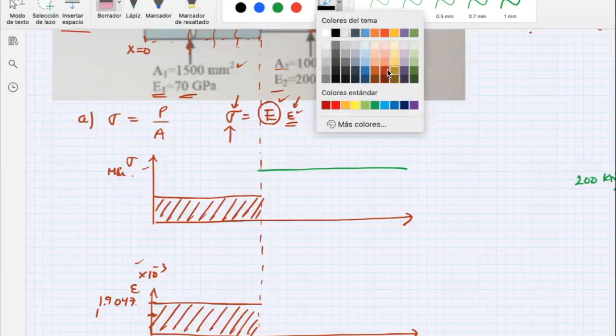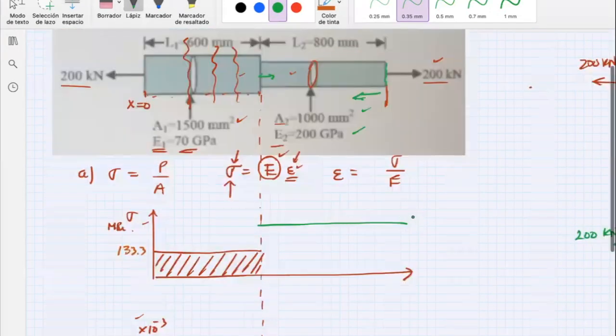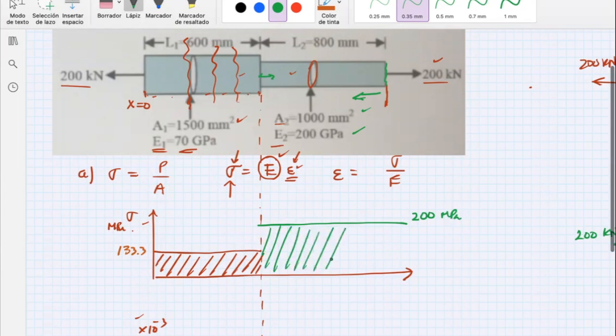So this one is 133.3 megapascals, and for the green one, the right part of the rod, it's going to be 200 megapascals. So it's a little bit higher than the left part.